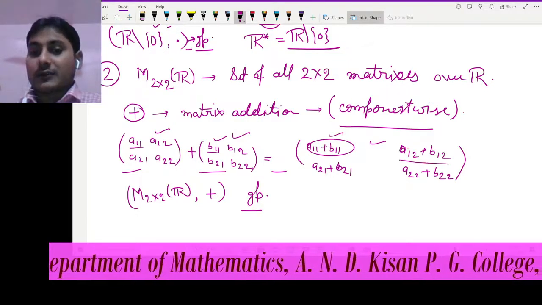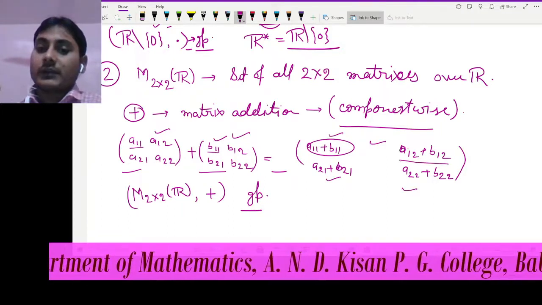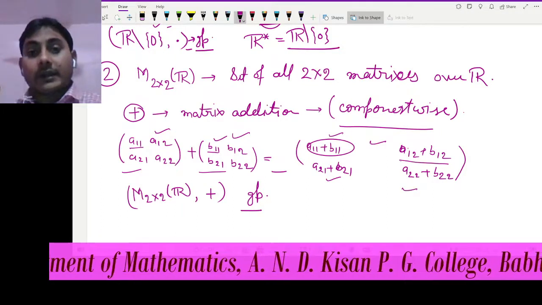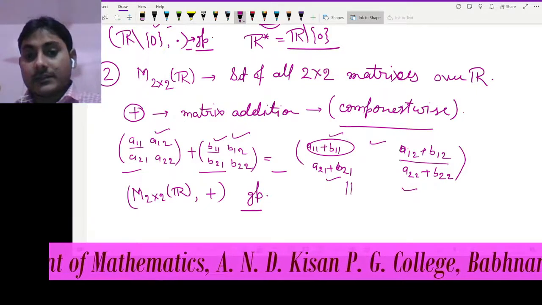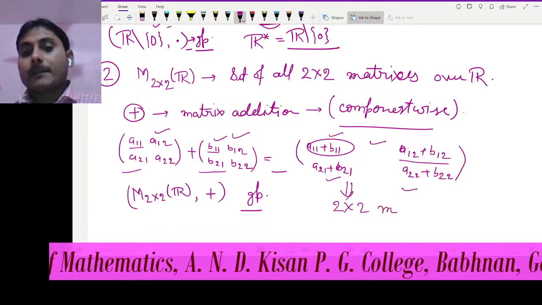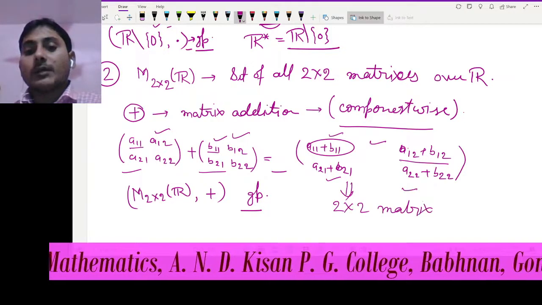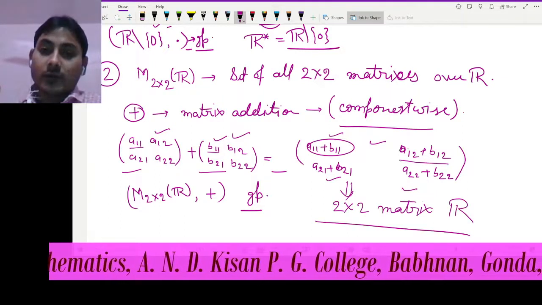Similarly, this entry is also real, and this one is also real. So whatever you are getting is a 2 by 2 matrix. It is a 2 by 2 matrix over R. ये R के ऊपर एक 2 by 2 matrix है.